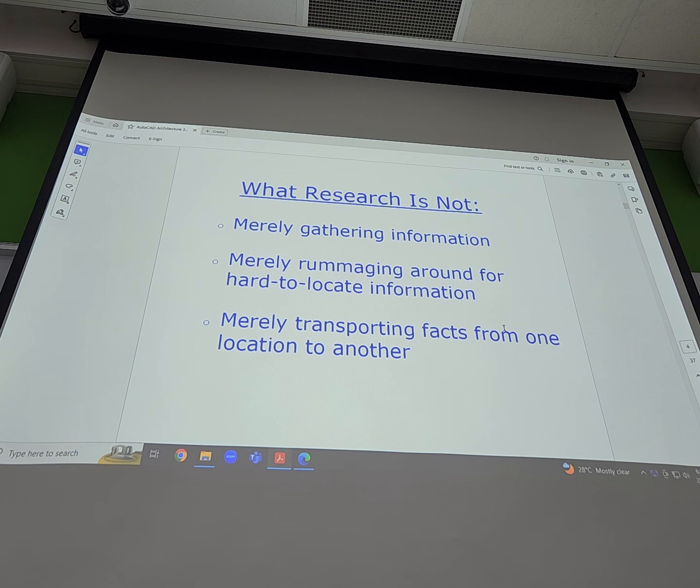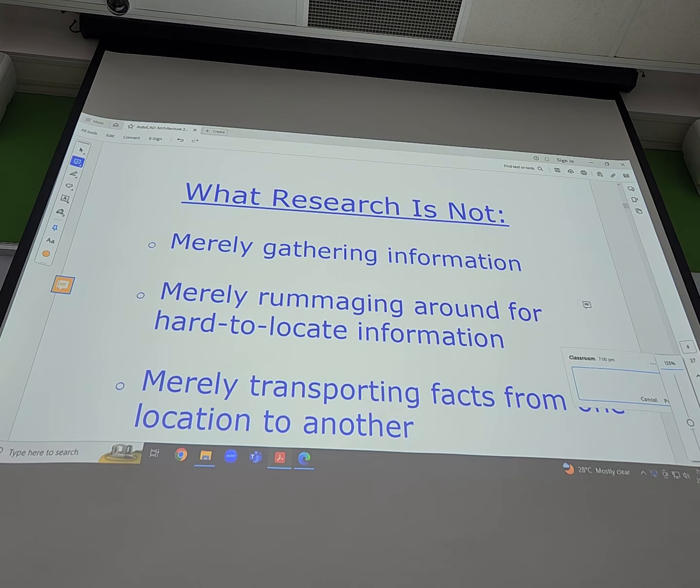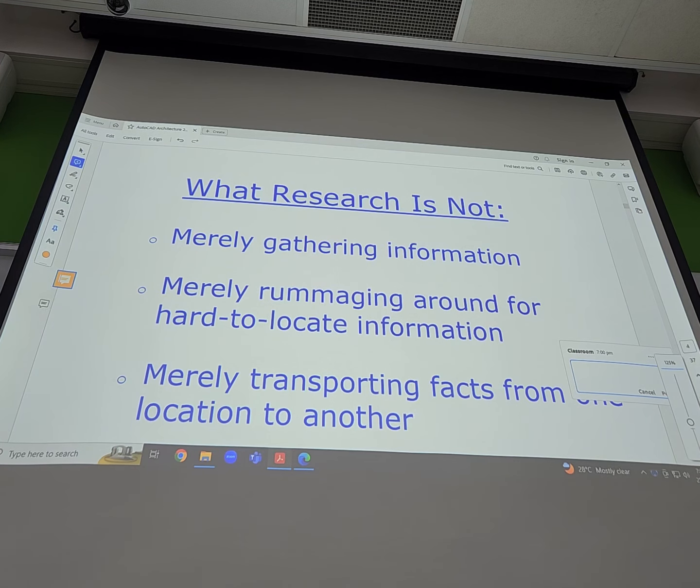Research is not just collecting information, not gathering information. It is also not finding information which is very difficult to locate.